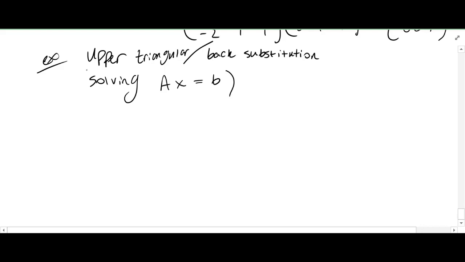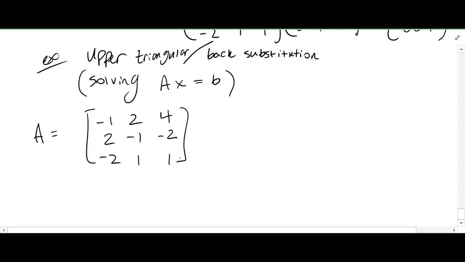So let's say we have a matrix A equals -1, 2, 4, 2, -1, -2, -2, 1, 1, and let's say b is this vector 2, 2, 4.